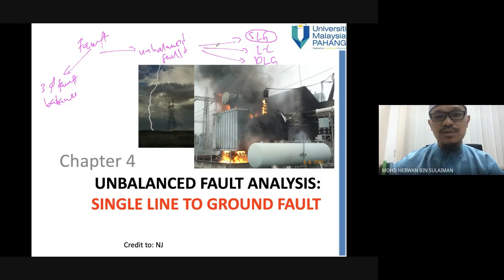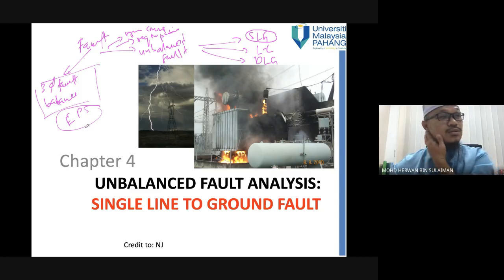But before we study the unbalanced fault, we have studied the symmetrical component as well as sequence impedance, where we know already that for the three-phase balanced fault that you have learned in EPS, basically we transform the system into positive sequence impedance, right?